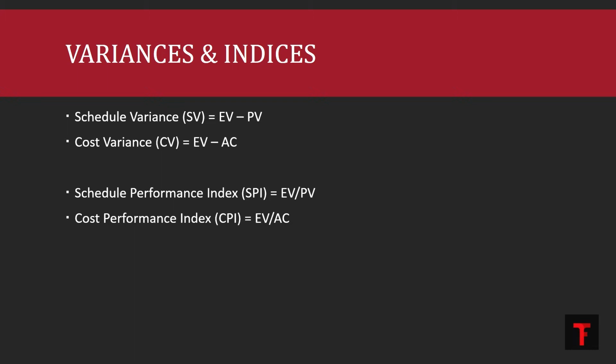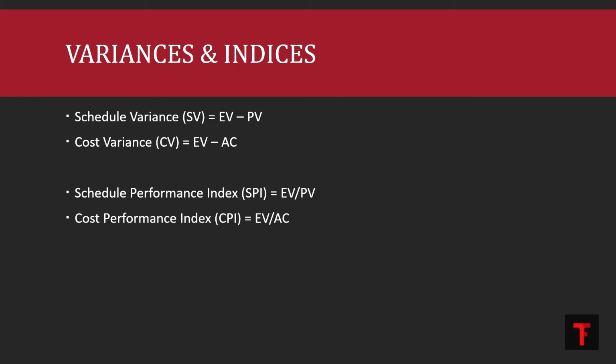So the equation goes like this: it's earned value divided by planned value. It's basically a ratio. And cost performance index, same as earlier, is the method by which we are evaluating the efficiency of a project in terms of cost. And the equation goes like this: earned value divided by actual cost.